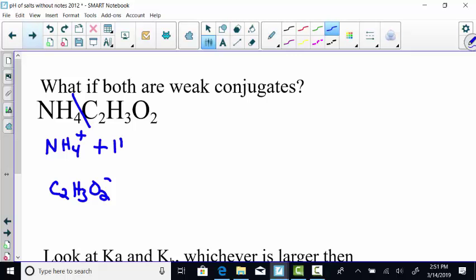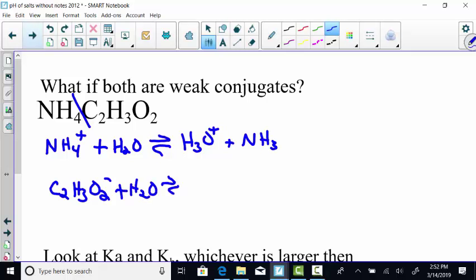So this will react with water, and this would produce an acidic solution. And this would react with water, and it would produce a basic solution.